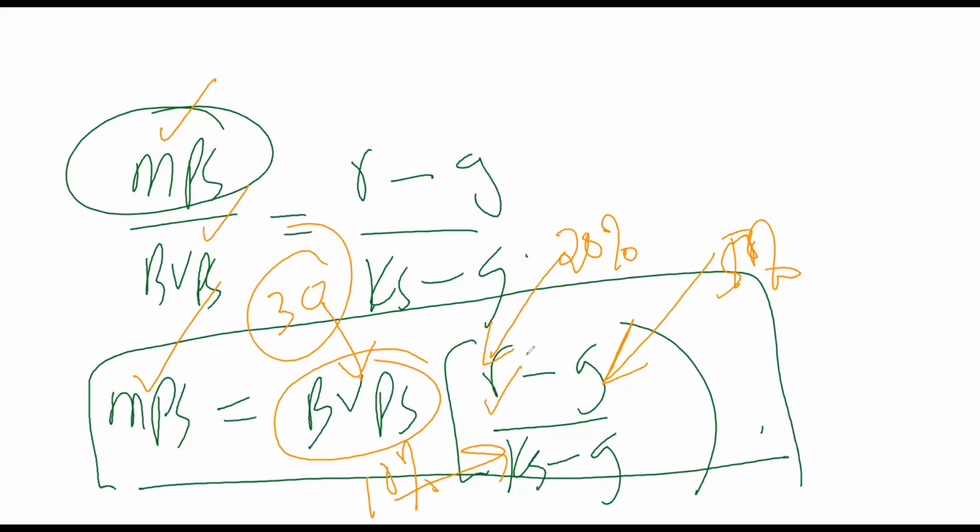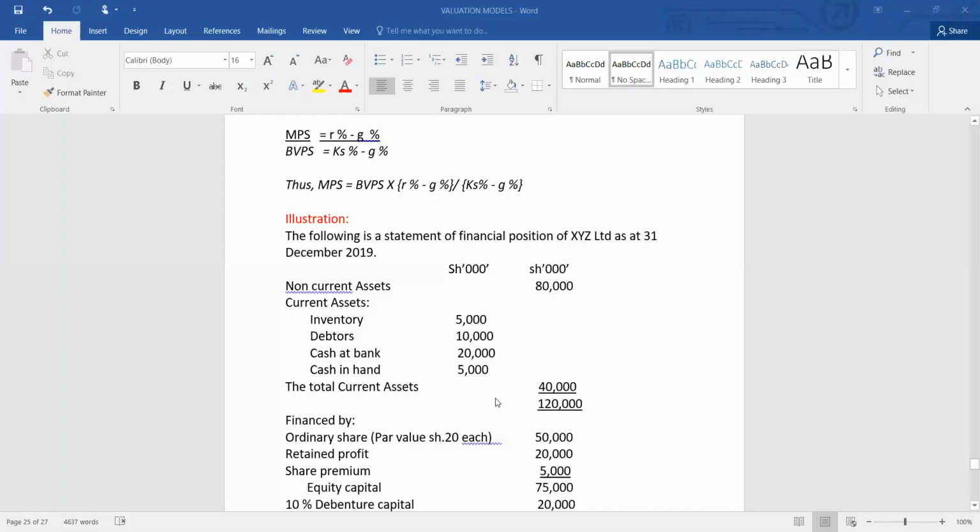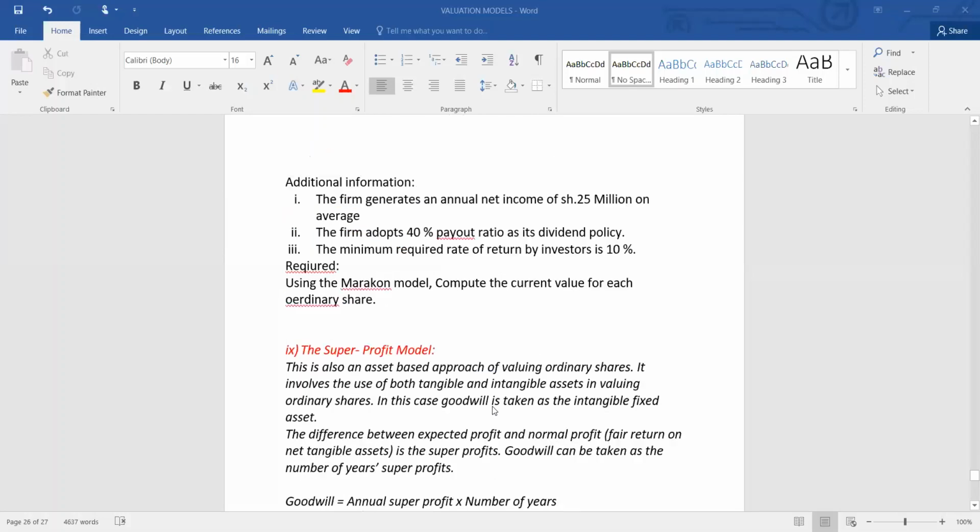So given the return on equity, given the growth rate and the cost of equity, you can then substitute and work out the market price of a share. So the approach involves establishing the market price of a share in that manner. Once you have established the book value per share, given the return on equity, the cost of equity, you should be able to arrive at that.